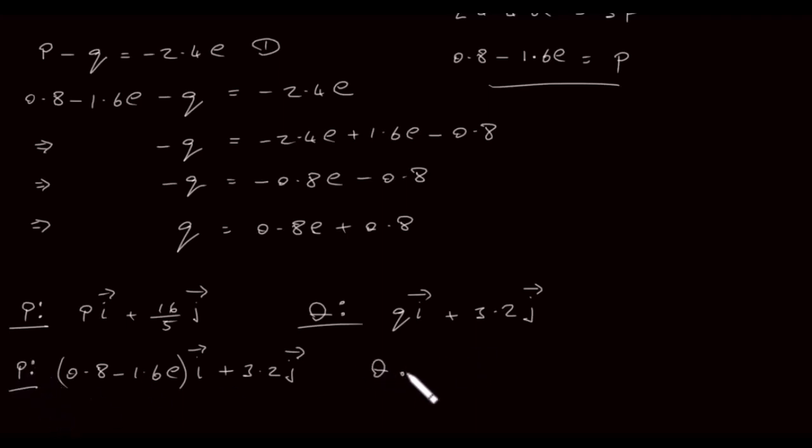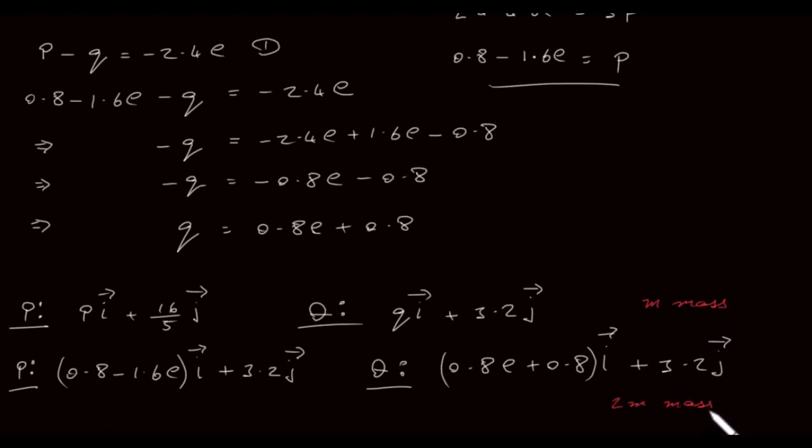And our Q sphere then is, the q is 0.8e plus 0.8, and this is i plus 3.2j. So that's it. This is our m mass here, if you like, and this is our 2m mass here. Okay, and that's it for this question.